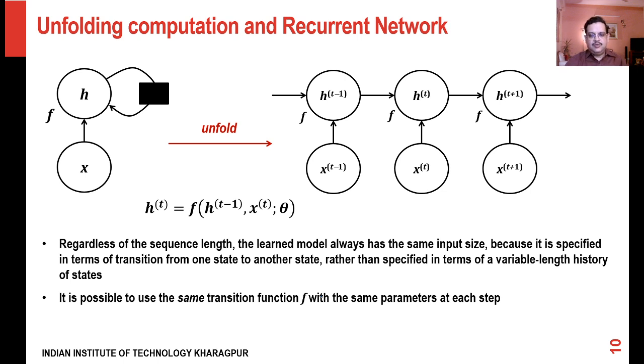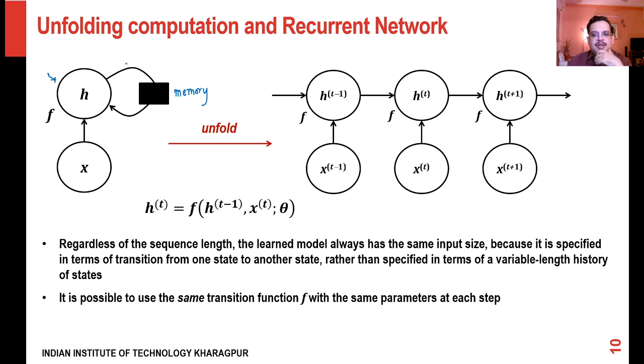Now let's see what the structure of a recurrent neural network looks like. I have here the input layer x, and then the hidden layer h, and with h I have some kind of memory that I am allowed to keep.